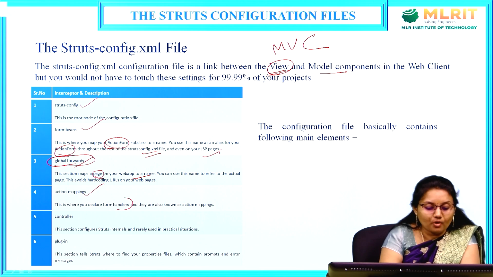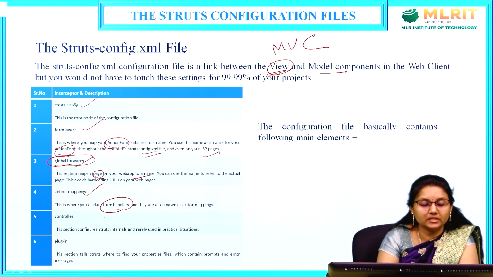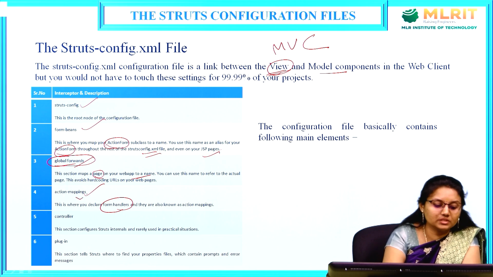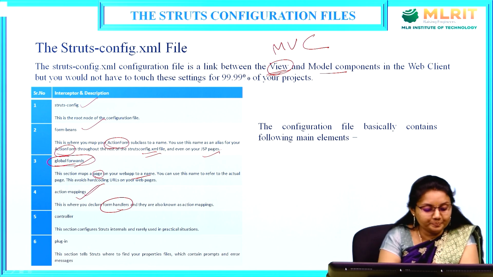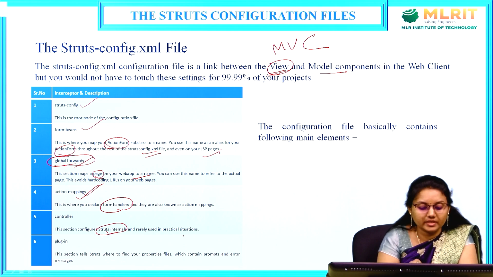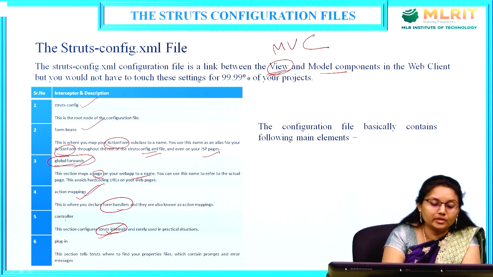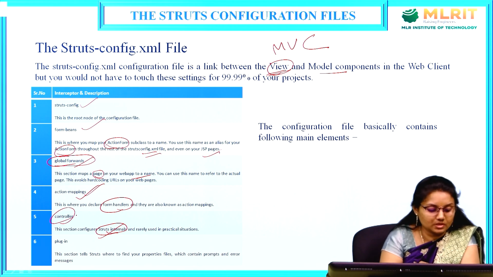Okay. Then action mapping. It declares form handlers, how to handle the form, whether to submit, whether to reset, or whether to give the error messages. All such things can be controlled by using this action mapping. Controller means it configures struts internals, rarely used in practical situations. So struts internals, if you wanted to just control them, so is the controller.